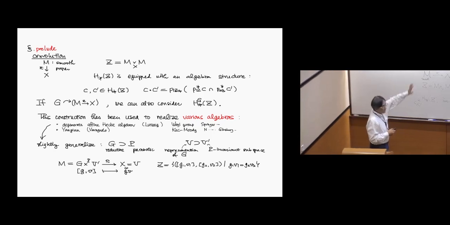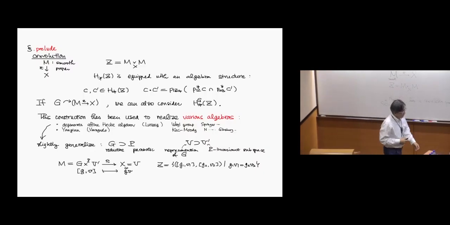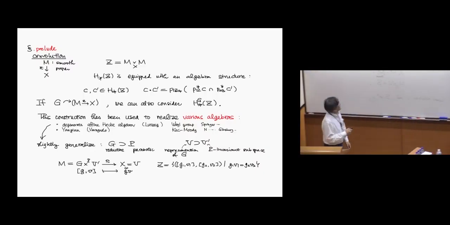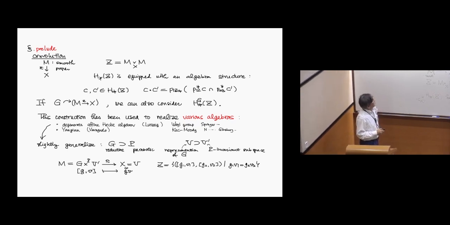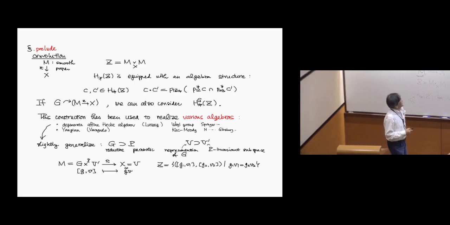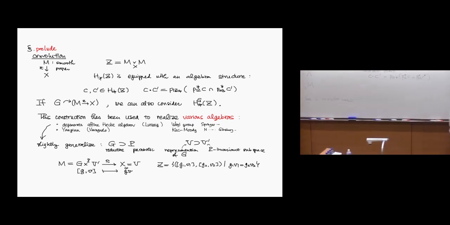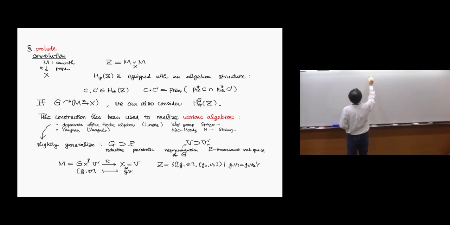And for the later definition of Coulomb branch, I slightly generalize the definition. So suppose I have a complex reductive group G and a parabolic subgroup P, and I have a pair of representations. So maybe this is important, so I keep it here.